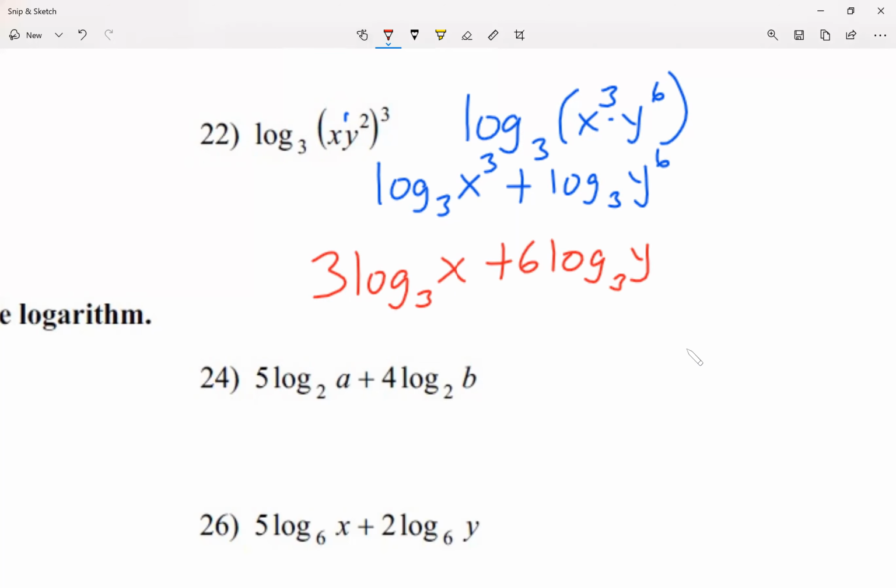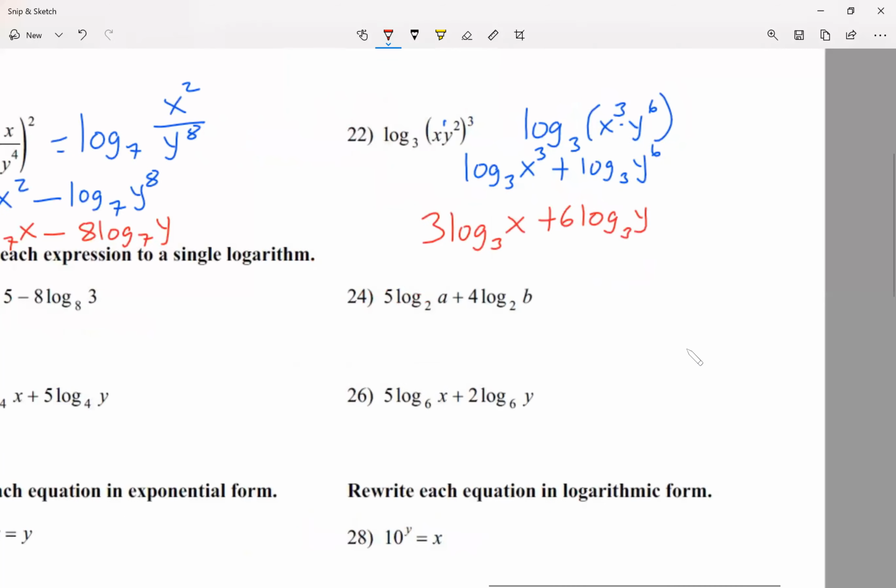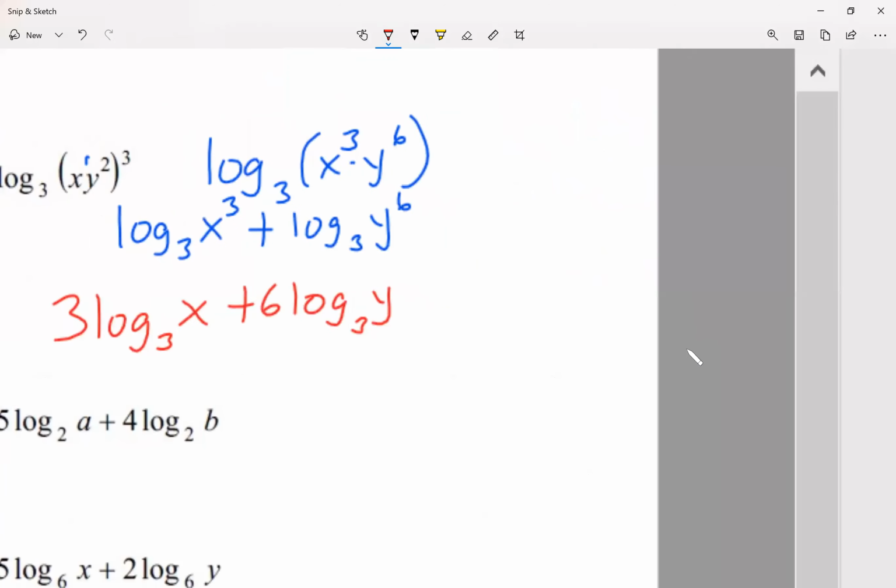Now, one thing we're going to run into are radicals. Let me do an example here, because you guys will run into this in your homework. Now, let's say I have log base 3 of the square root of x, and then I just have the y.